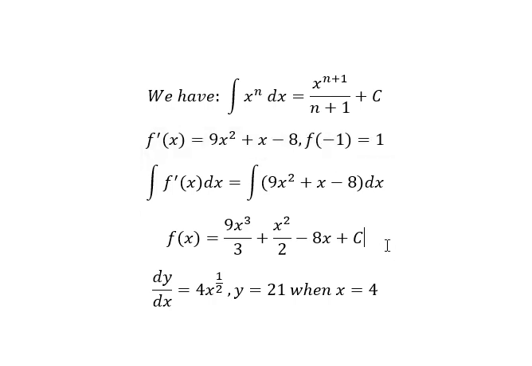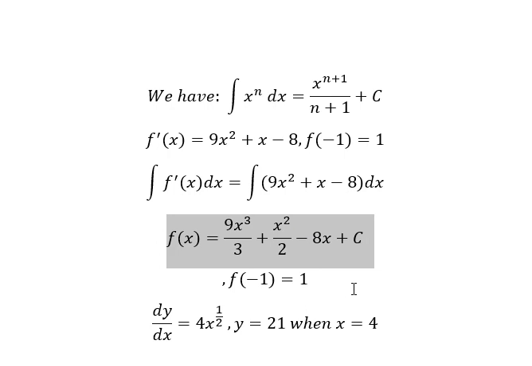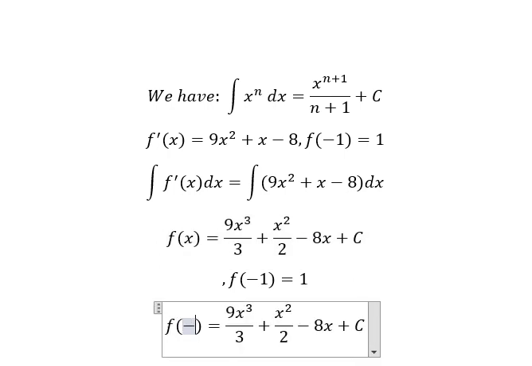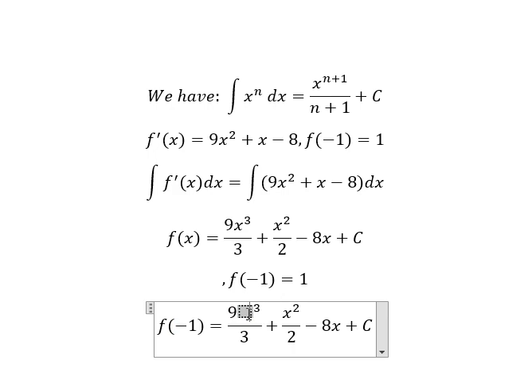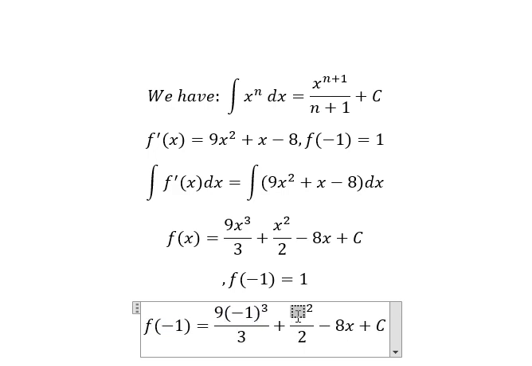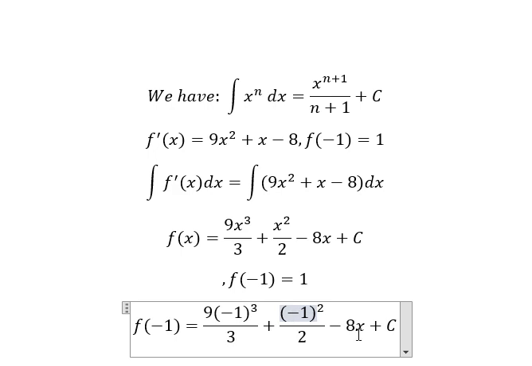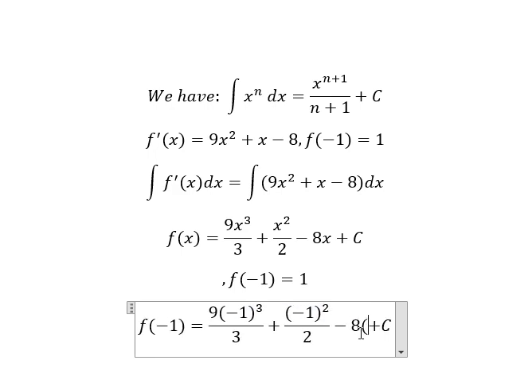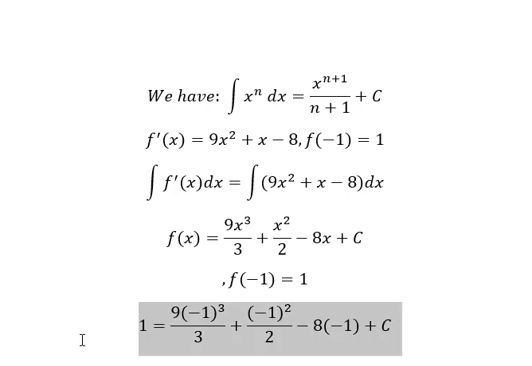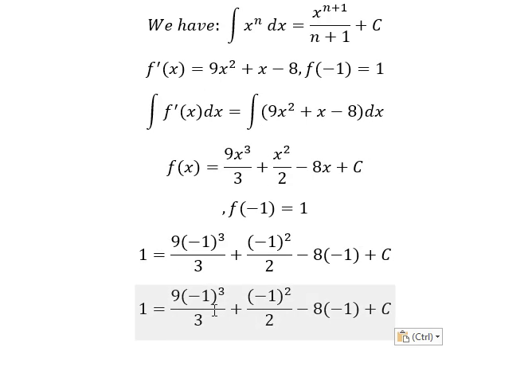So we just put negative 1 in here. So that means we have negative 1, negative 1, and negative 1. This one, that is about number 1. So we calculate this one and we have 11 over 2.